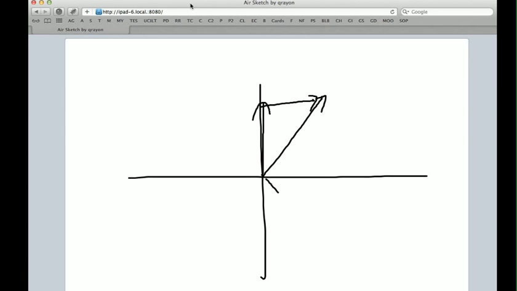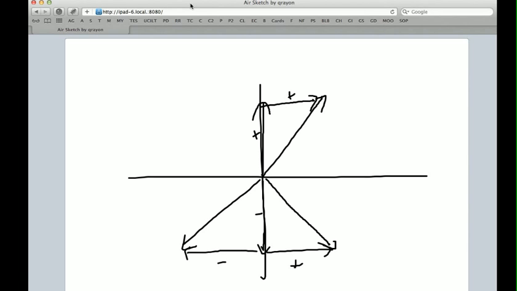If I have a vector coming down like this, then my j hat would be negative, right? This is positive and positive. My j hat would be negative, and I'd have a positive i hat. If it was coming down like this, I would have a negative i hat and a negative j hat. And if it was coming up like this, I'd have a positive j hat and a negative i hat.